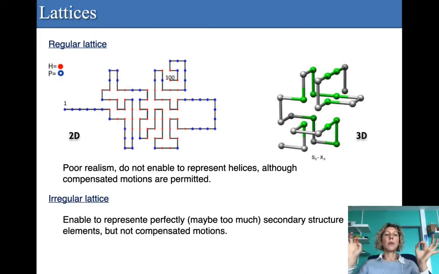And so the game here is to try to bring all the H hydrophobic ones together to maximize the interactions between them. So you can have this in 2D or in 3D. So you don't have realism here. You don't represent helices, for example, but it's still useful for the folding. You can also use irregular lattice, for example.